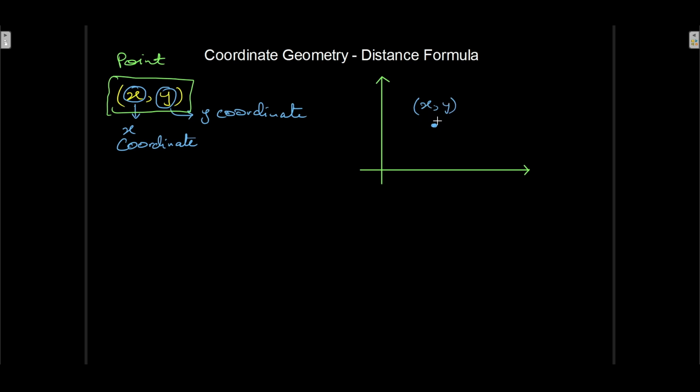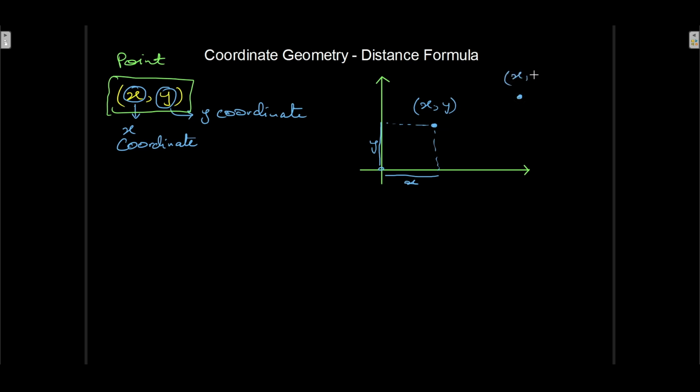And this point is basically representing that from the origin, x shows the horizontal distance, and from the origin, y shows the vertical distance, and this is the reason I have this point as x comma y.